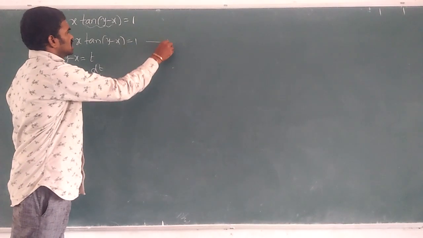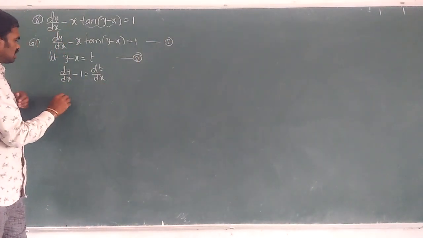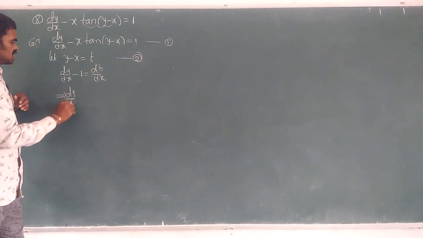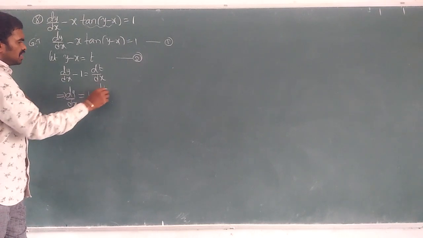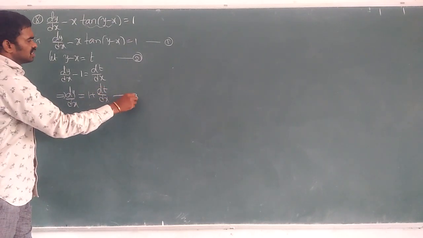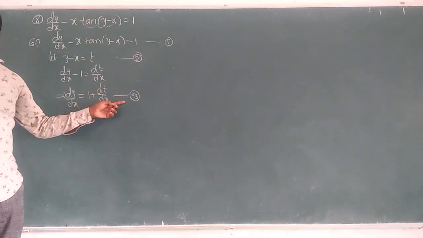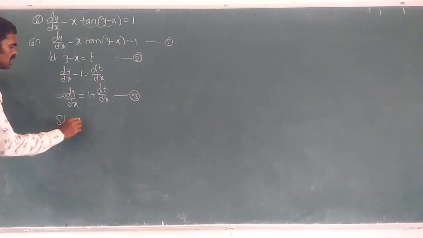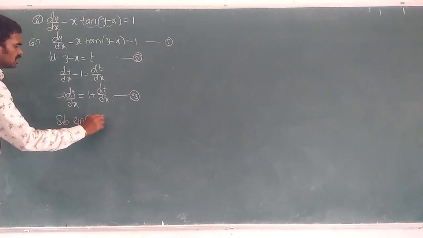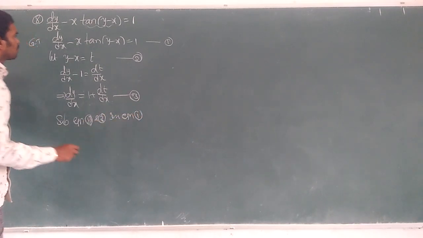Let us consider this as equation 1, this as equation 2, and from here dy by dx is equal to 1 plus dt by dx. This is equation 3. Now substitute equations 2 and 3 in equation 1.